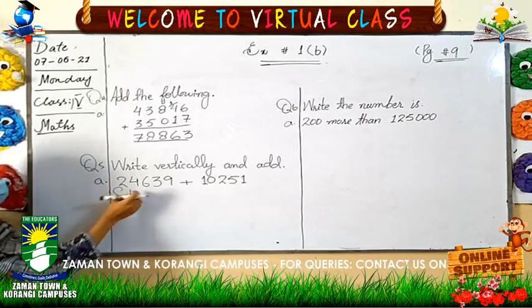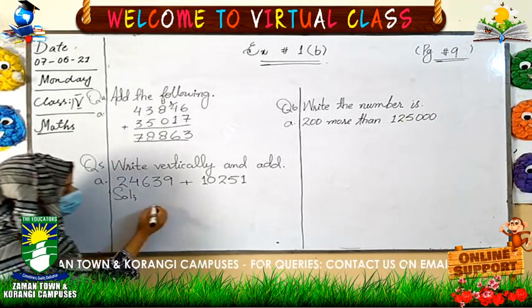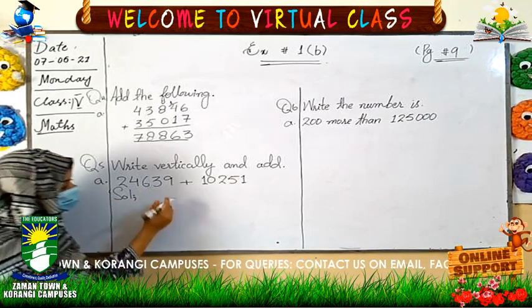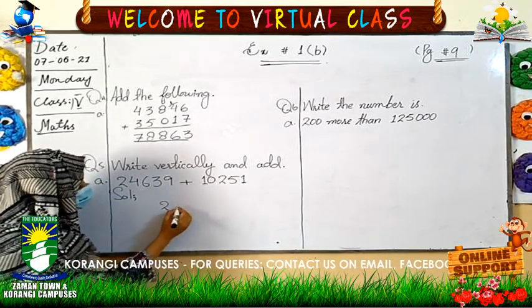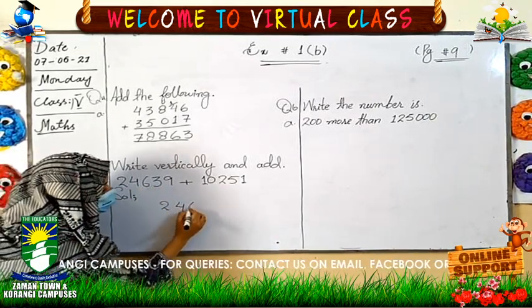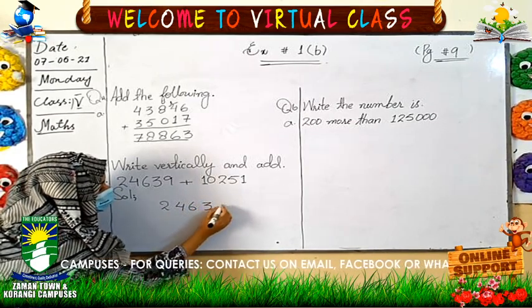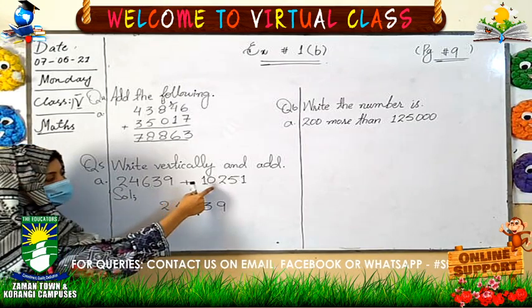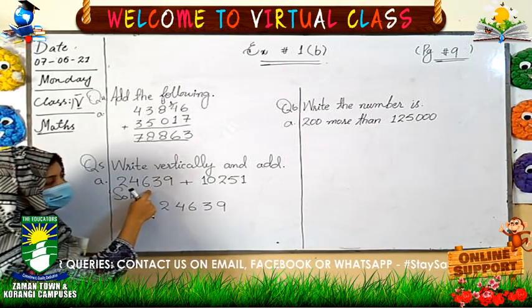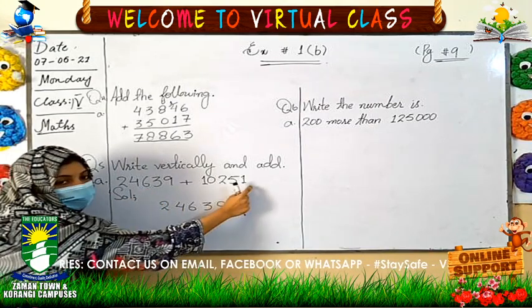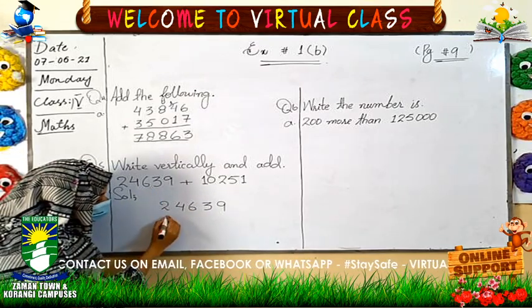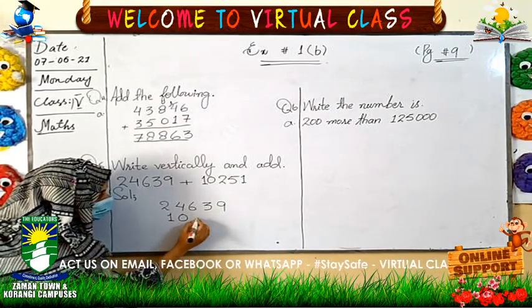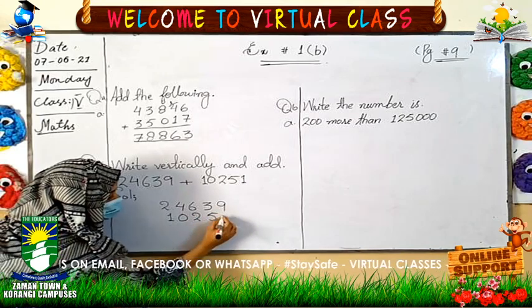How will you copy these digits? You will first write these numbers 2, 4, 6, 3, 9. Now you will write what we are going to add to this. We are going to add these numbers, so I will write 1, 0, 2, 5, 1.